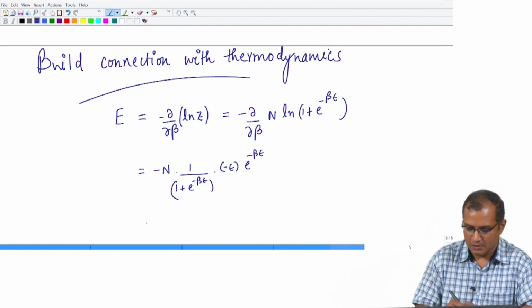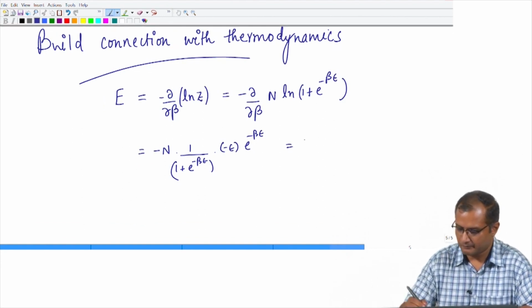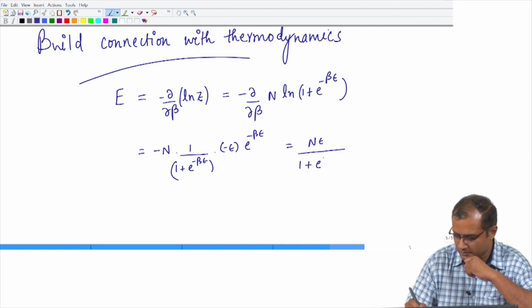Okay. So, this is nothing but n epsilon over (1 plus e raised to beta epsilon).